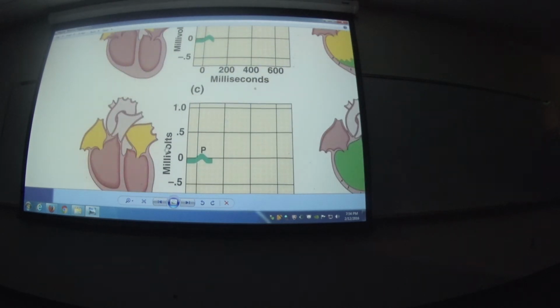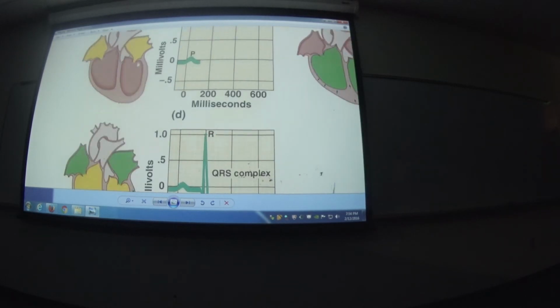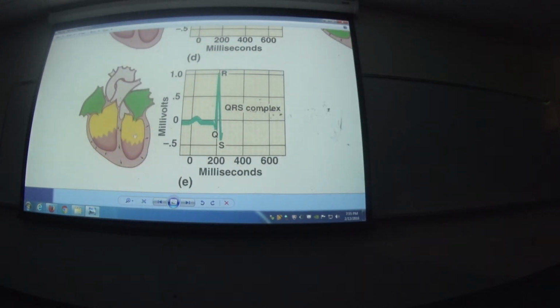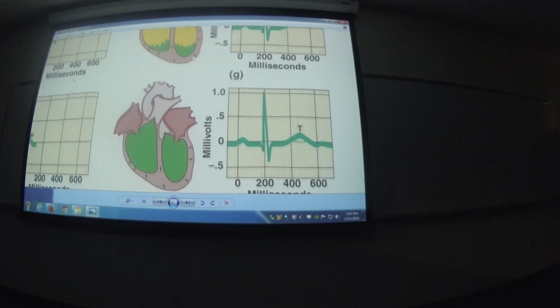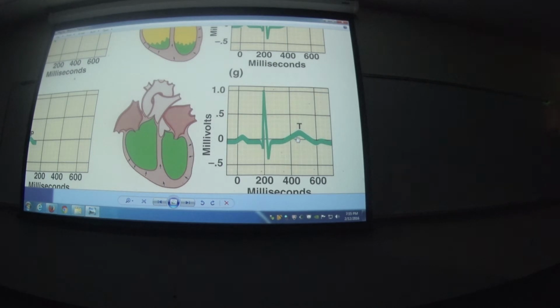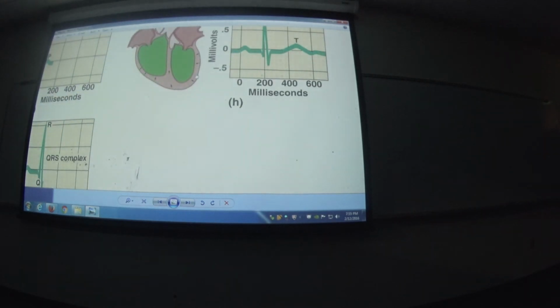So lighting up, they're glowing, they've got an impulse. Then my AV node will start talking to my ventricles, causing the QRS complex. Then I'm going to start relaxing my heart. As I do that, I get the T wave deflection, which means I'm relaxing or expanding my ventricles, and they go back to before.